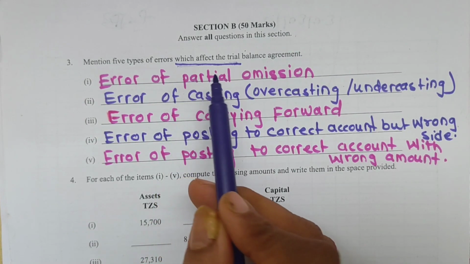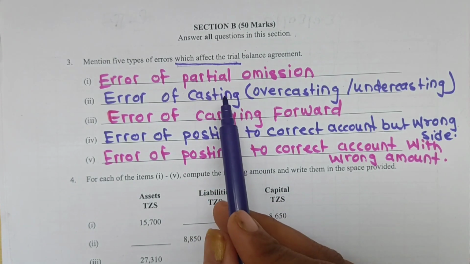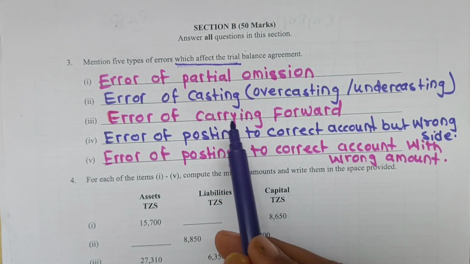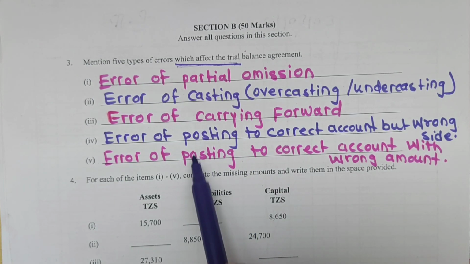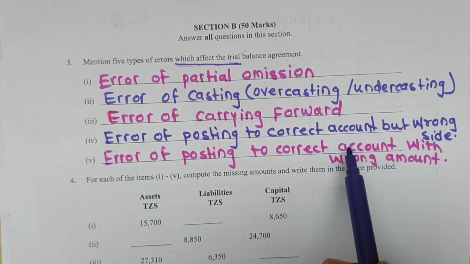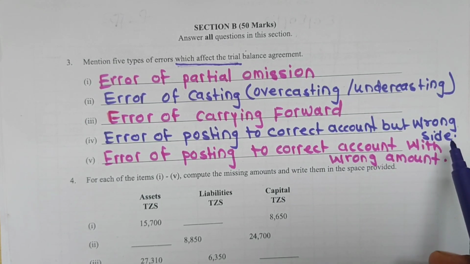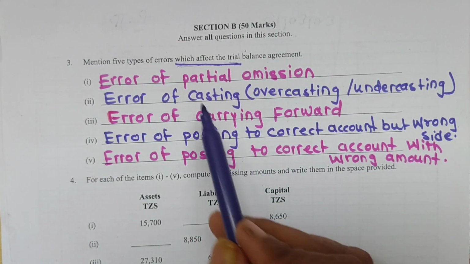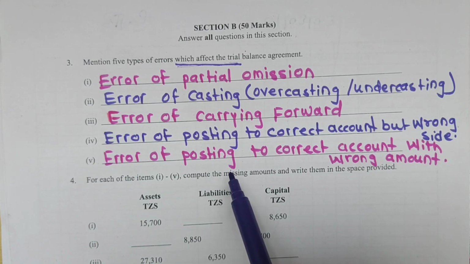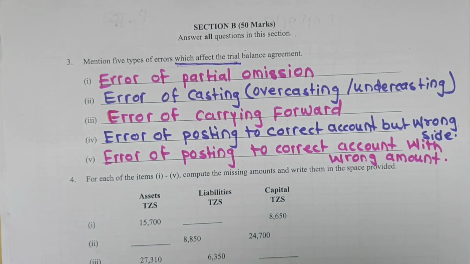The 5 types of errors which affect the trial balance agreement: error of partial omission, error of casting, error of carrying forward, error of posting to correct account but wrong side, and with the wrong amount. So the 3 points start with P, and the 2 points with C. Right, now these are the errors which affect the trial balance agreement.